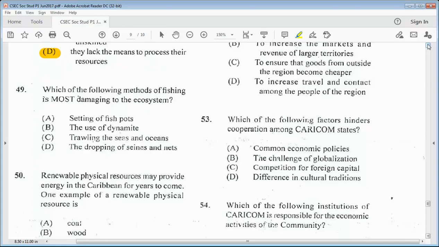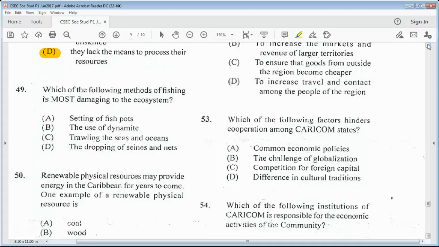Let's look at C. Trawling the seas and oceans. That could be damaging too, because trawling is like a large fish net that they throw behind the boat, and it catches and pulls in all different types of fish. Whether the fish is young, large, small, even baby fish, it catches them. That could be damaging to the ecosystem, because those fish should really be left in the sea.